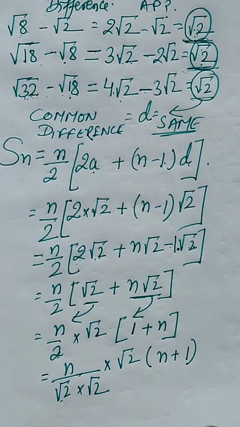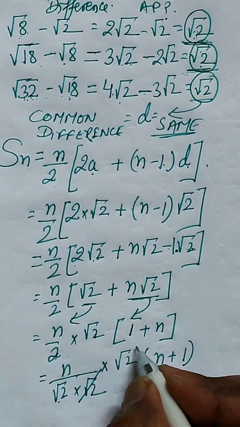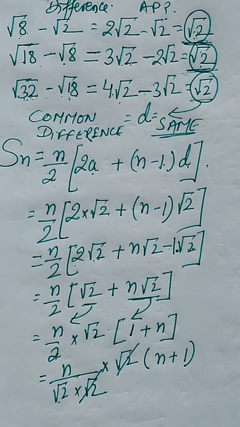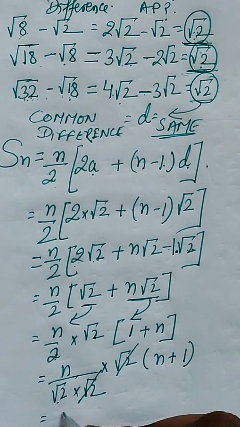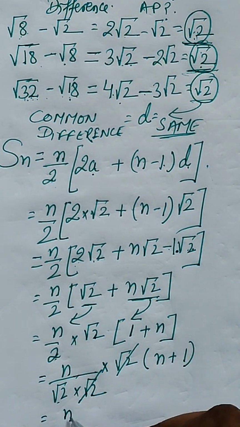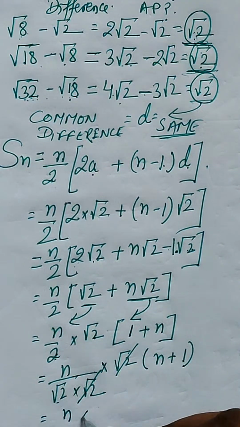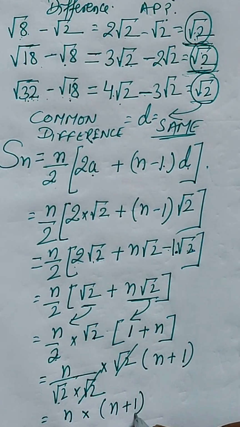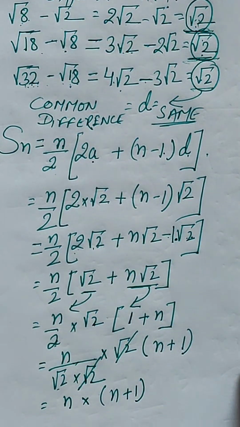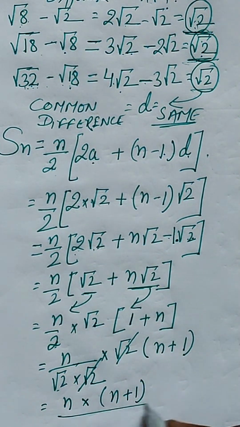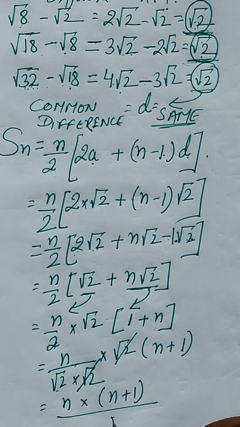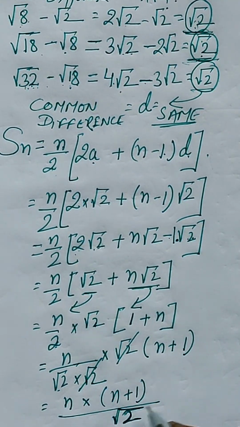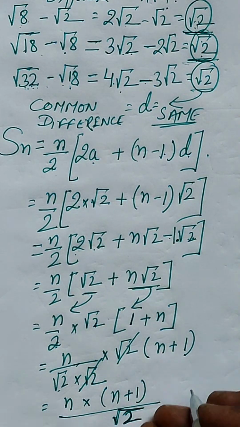Now you can see root 2 will be cancelled out, right? And we are left with n into n plus 1 divided by root 2.